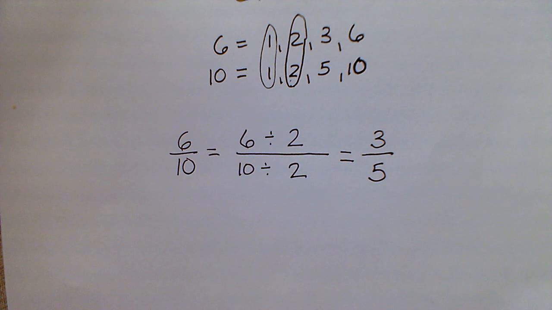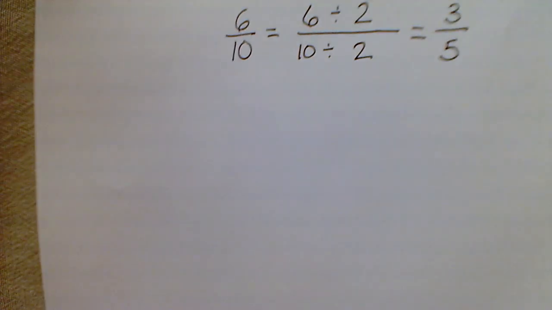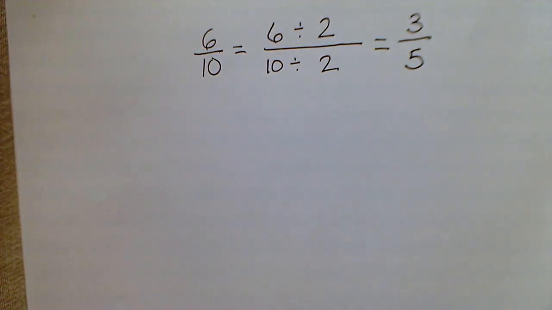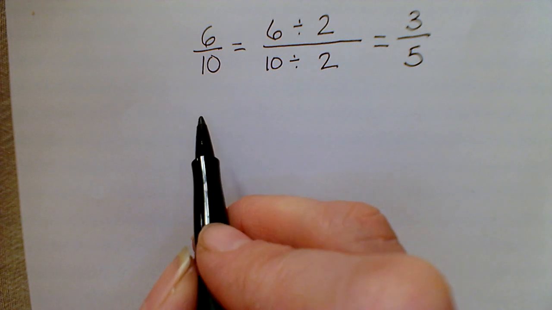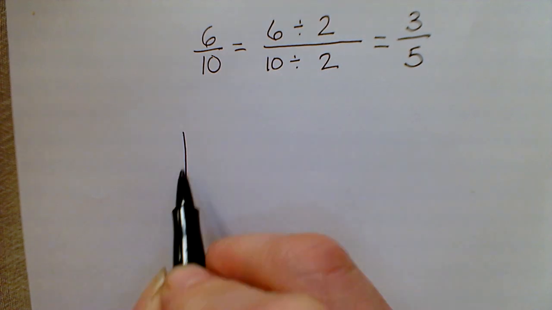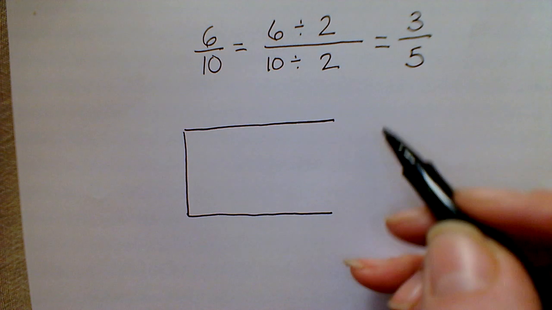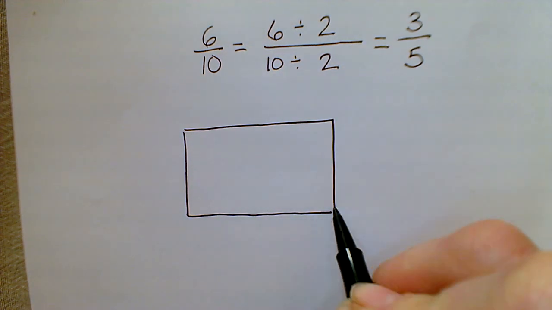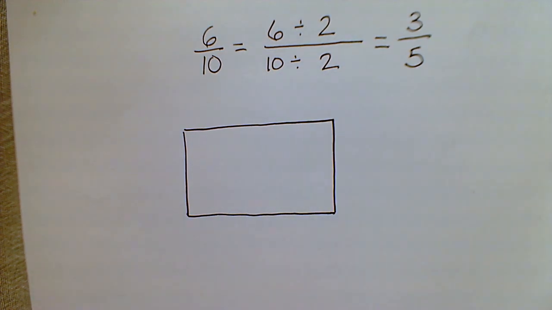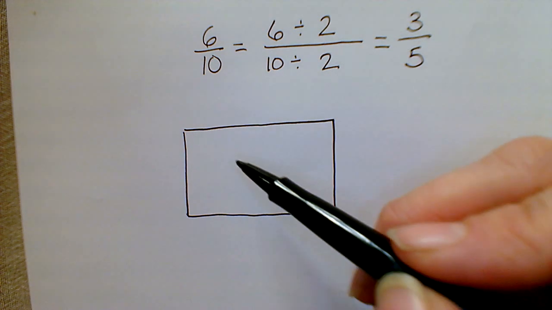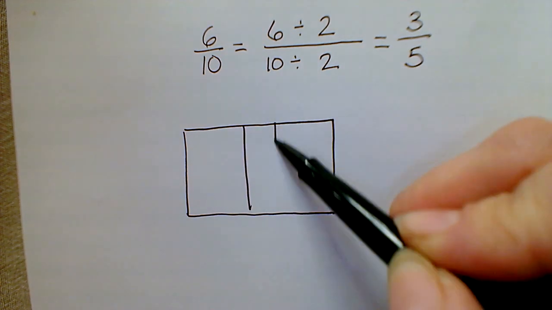So now let's see if we can draw that area model and make that work for us. So let me start. I think we're good. So I'm going to draw 6/10. The first thing I need to do is figure out how I'm going to make tenths.